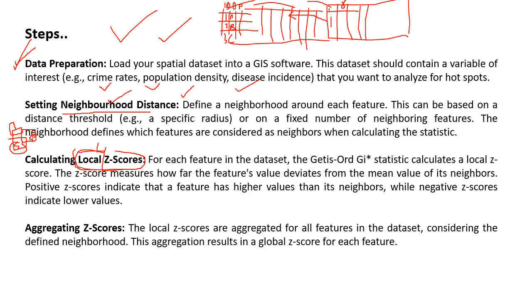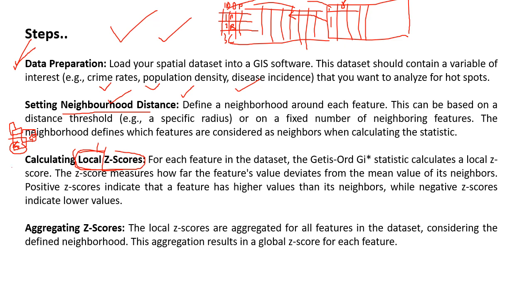So the nearer feature will influence this one, and this 5 may change to maybe 25, maybe 20. You can think of this as a demerit, because the original values are changing, but the merit is you are getting a hot spot. A hot spot will be the point of interest or the region of interest, maybe for the researchers, planners, and the top management.